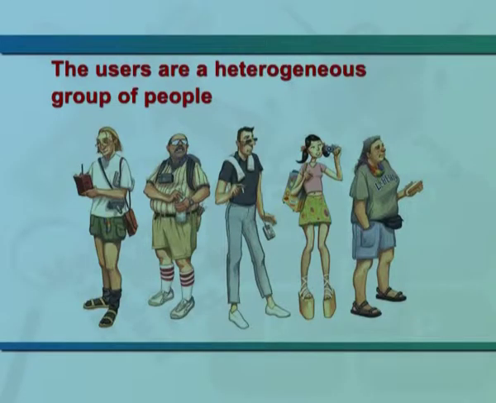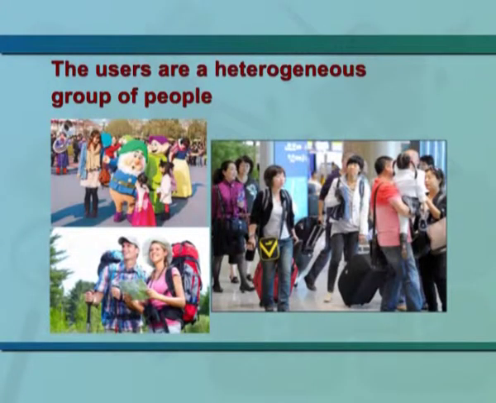Sixth point, the users are a heterogeneous group of people. It is important to mention that the tourism users come from different regions, income groups, sections, age groups, genders, professions, and so on. This makes it essential that the marketers are familiar with different groups of people using the services.